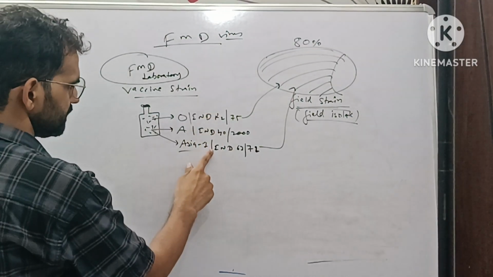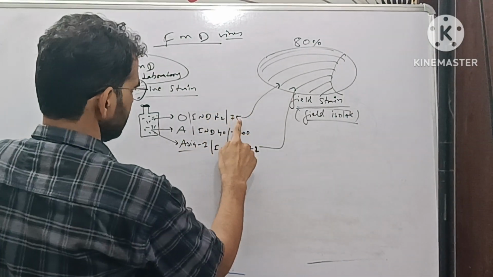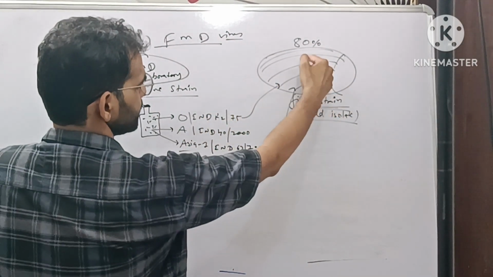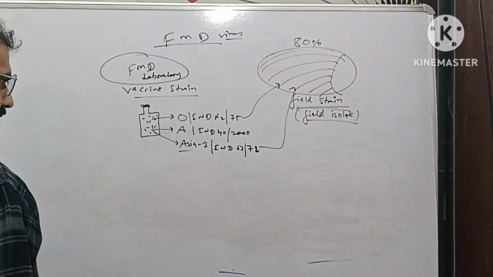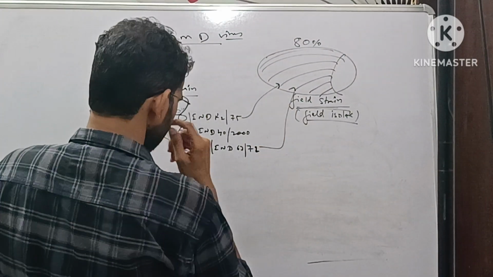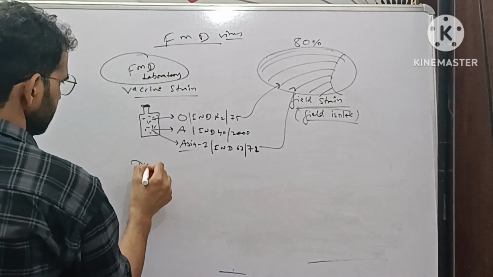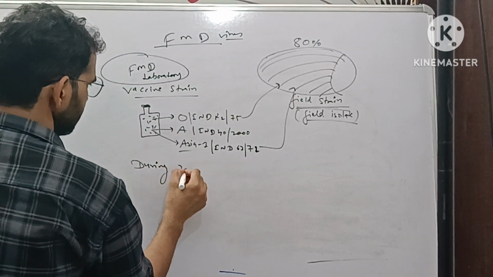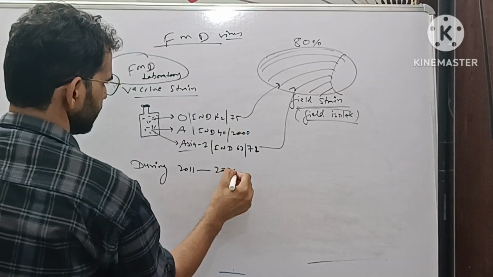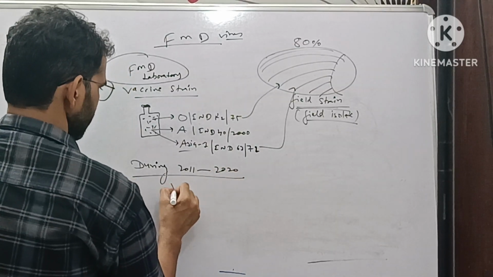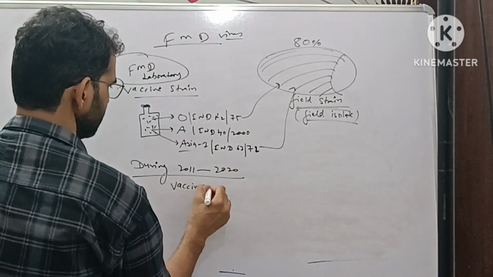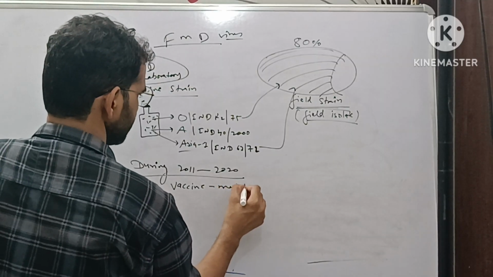Out of these 3, O and Asia 1 have coverage of 80% or more. Then during 2011 to 2020, vaccine matching studies were carried out.